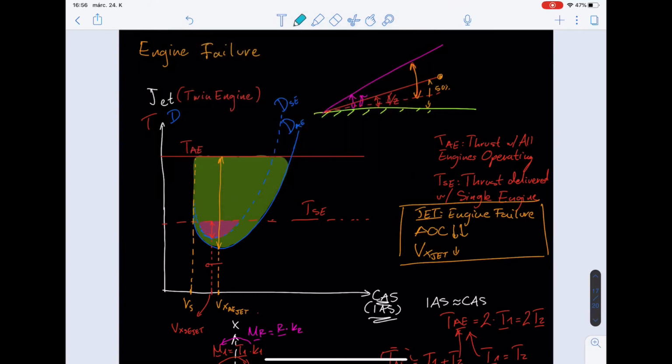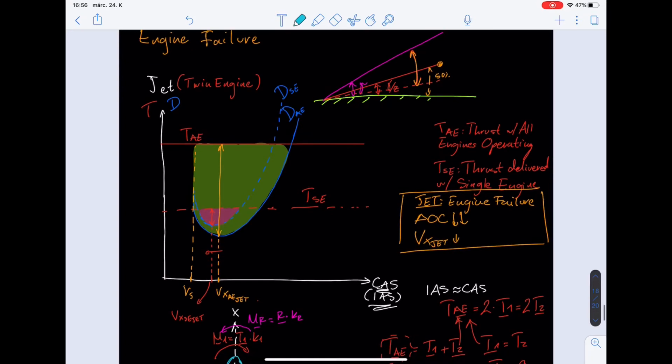Maybe this one. We went from all of this big area right here. This was the initial one, right? So we went from all of this big area basically down to this small area with regards to the excess thrust, right? So we saw a significant reduction in the angle of climb, and the Vx, so the speed where you maintain the best angle of climb, would be reduced.